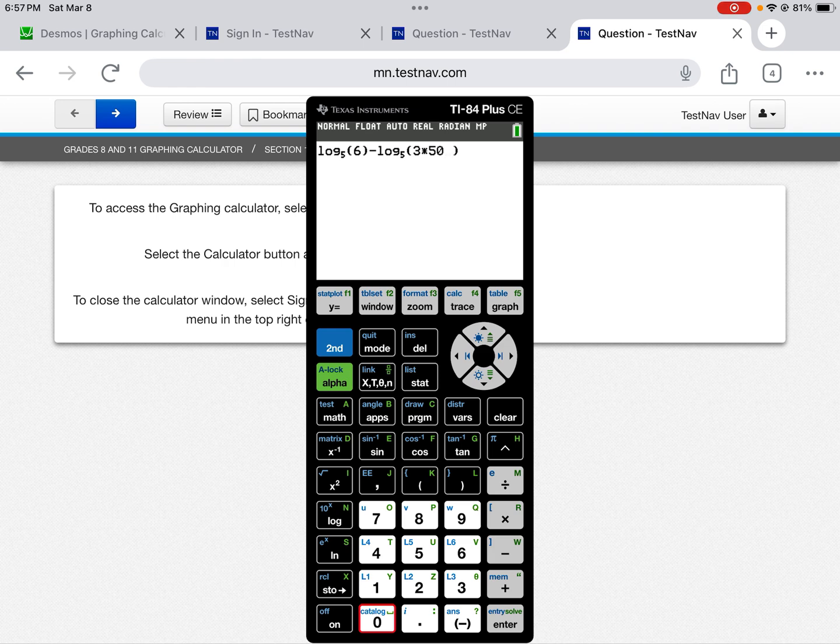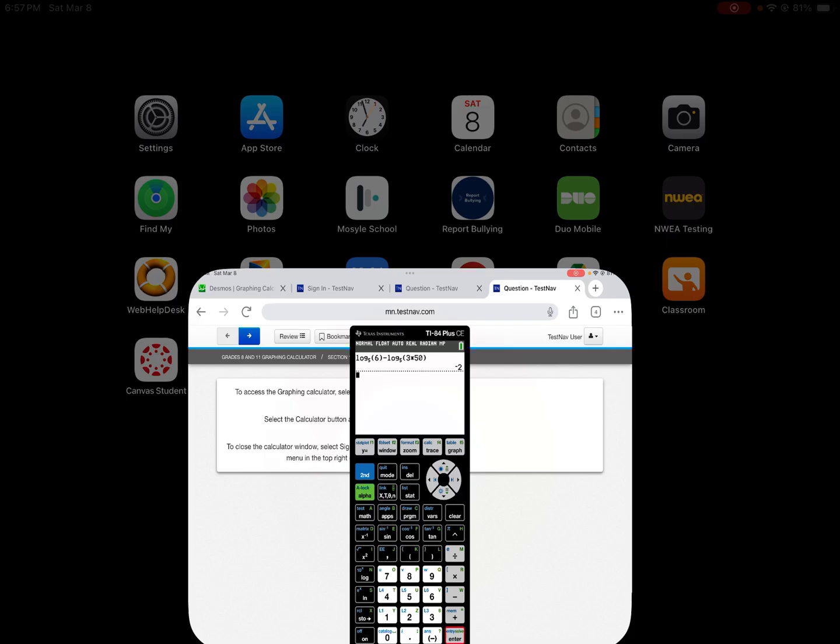And it should equal negative 2. Oh, it does! Look at that! So it worked. Yay! Alrighty.